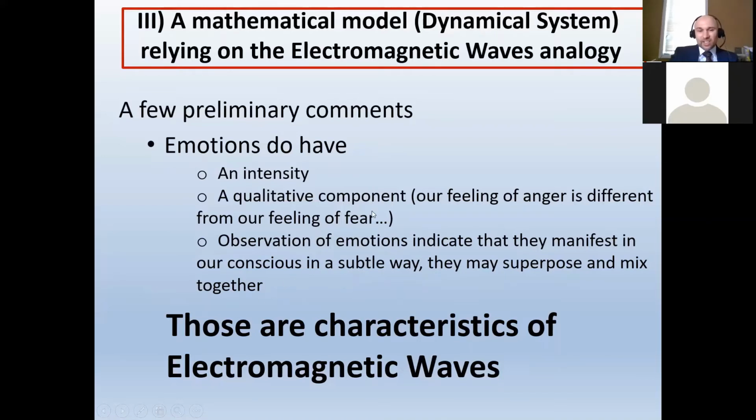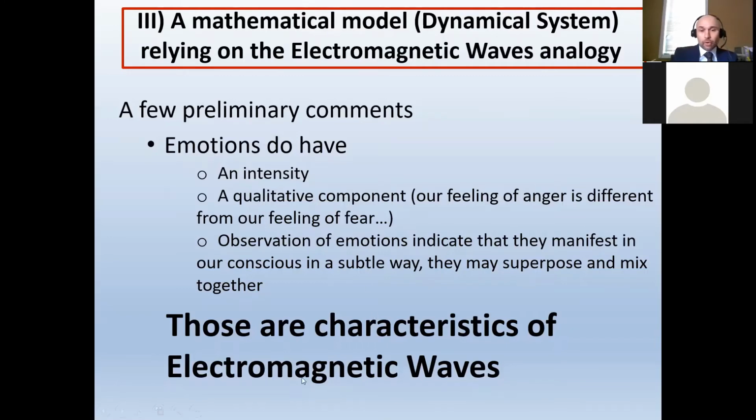You can describe them with their spectrum, and this looks like a good approach to describe emotions with a continuous spectrum of frequencies. So the frequency stands for the qualitative signature of emotions.